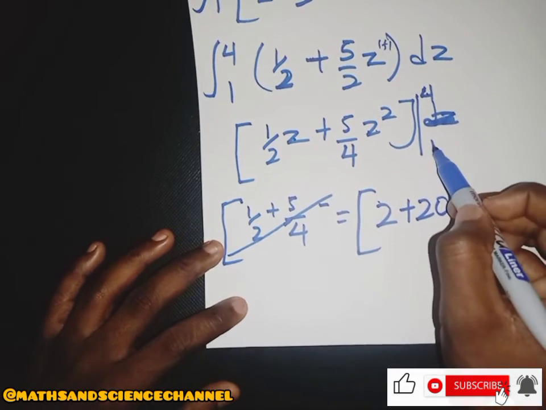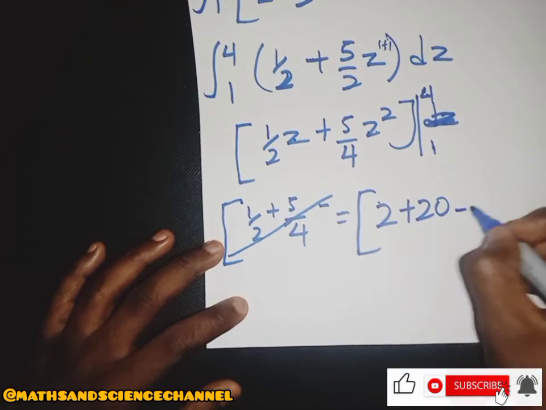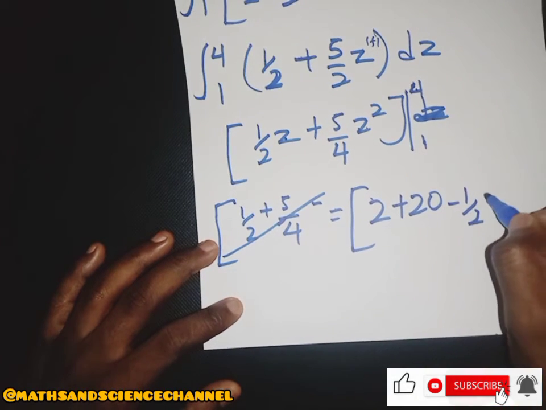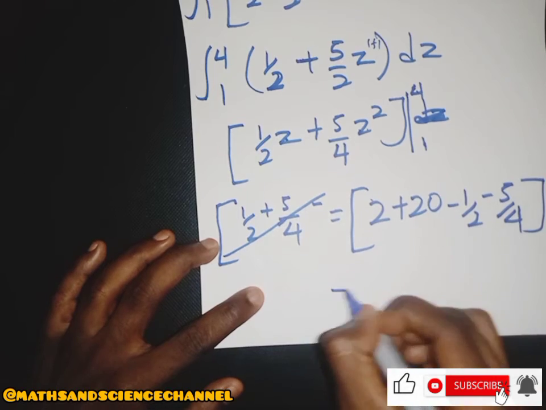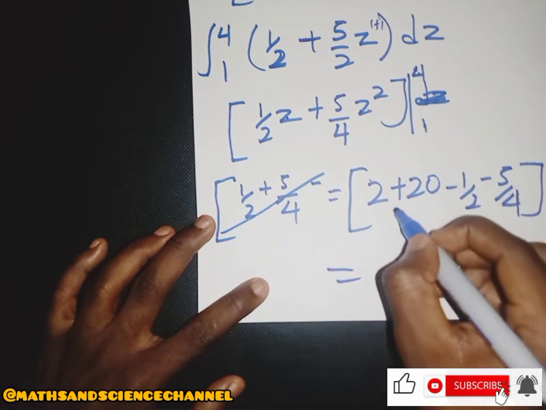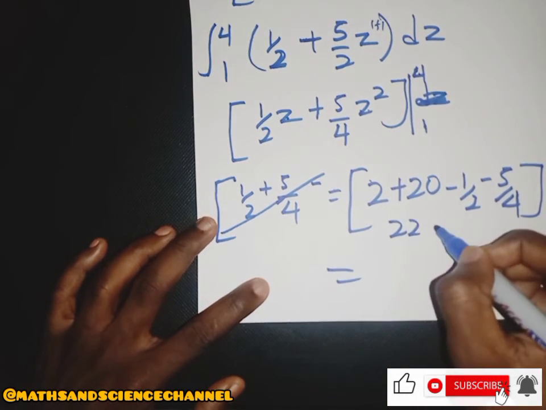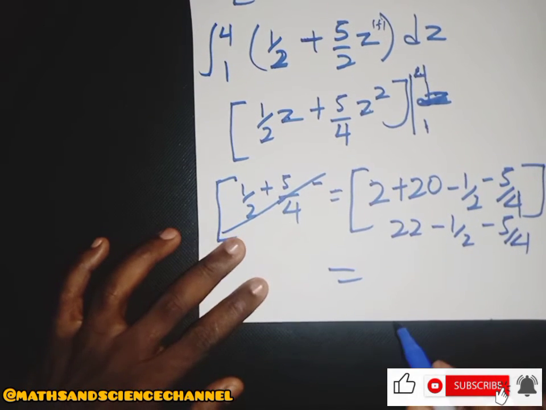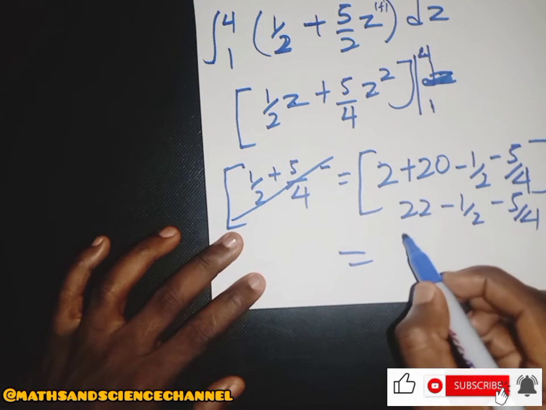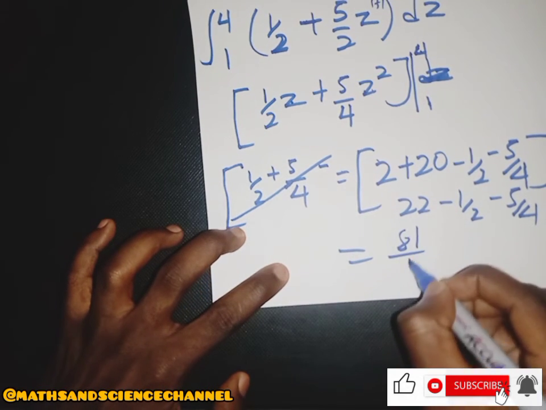Then we substitute 1: minus 1 over 2, minus 5 over 4. With this we get 22 minus 1 over 2 minus 5 over 4, and we get the answer as 81 divided by 4.